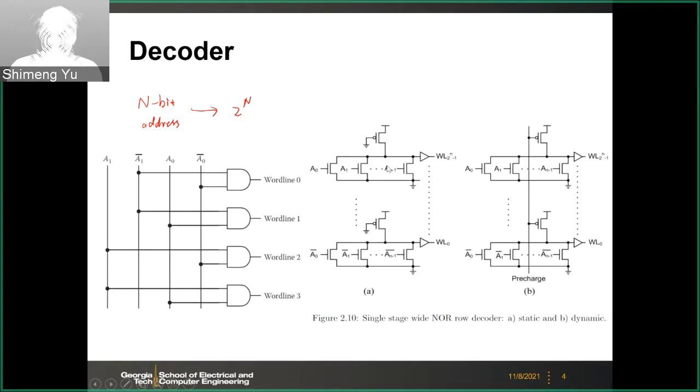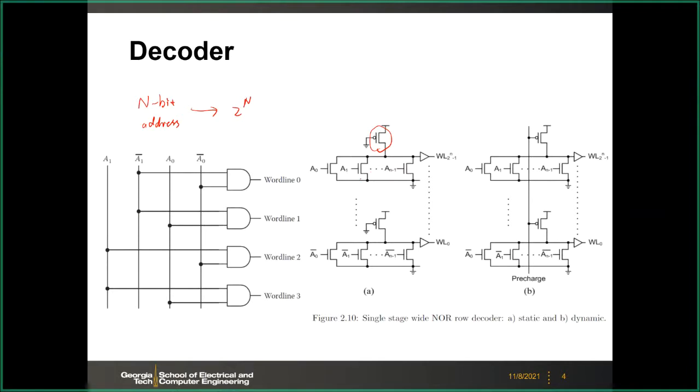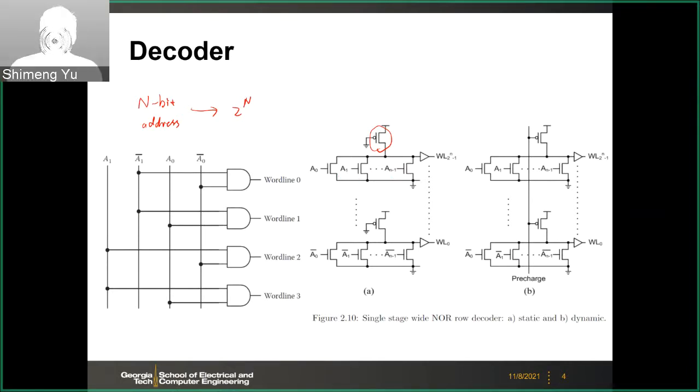The PMOS pull-up network is replaced by a single PMOS device, which is always on in this case. And then the pull-down network is your NMOS logic, the AND gate, and then you need an inverter to make it like AND.